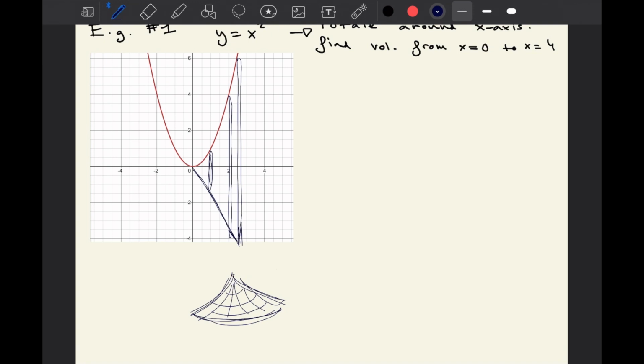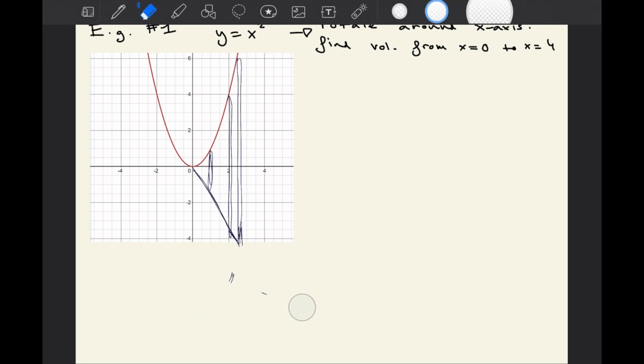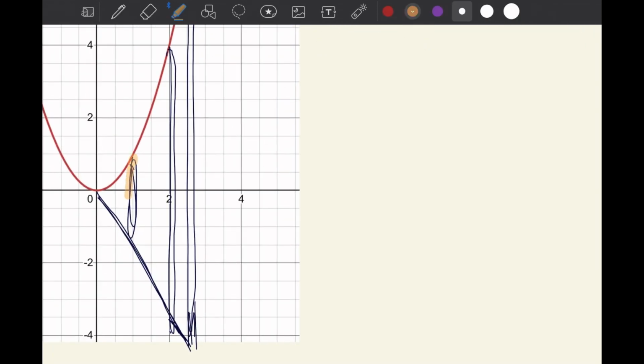How we might go about this is we recognize that if you look at the shape, you can take out a little disk from it, like I've talked about. So let's take this disk right here that makes up this shape.